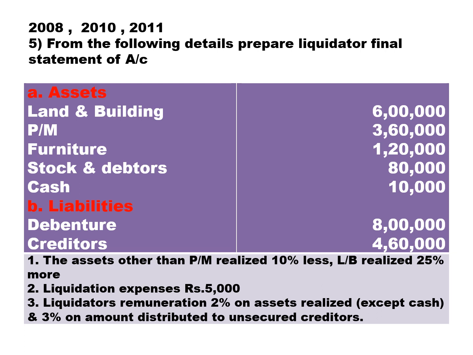Dear students, one important point. Look at the assets we have above. Land and building is sold at 125%. Plant and machinery is sold at 90%. They have not mentioned whether furniture, stock and debtors are sold or not.